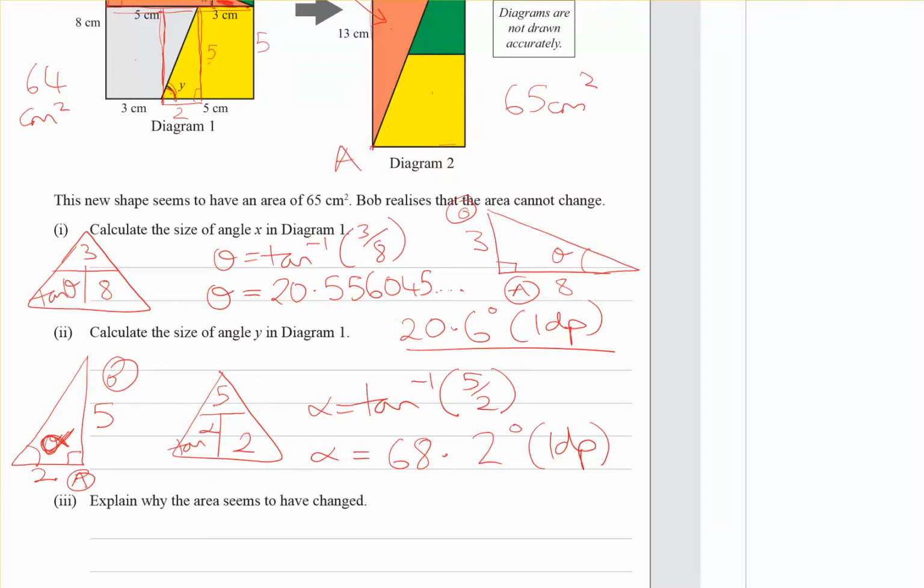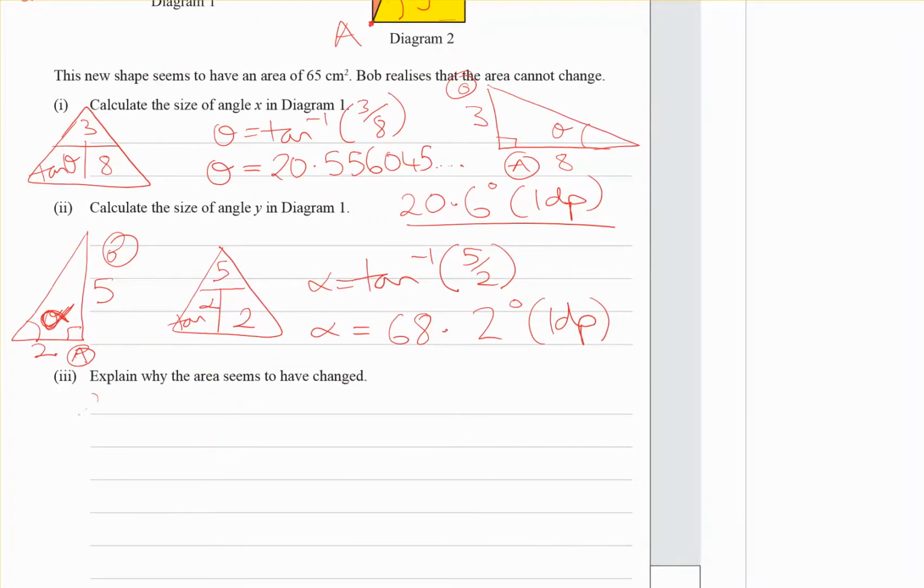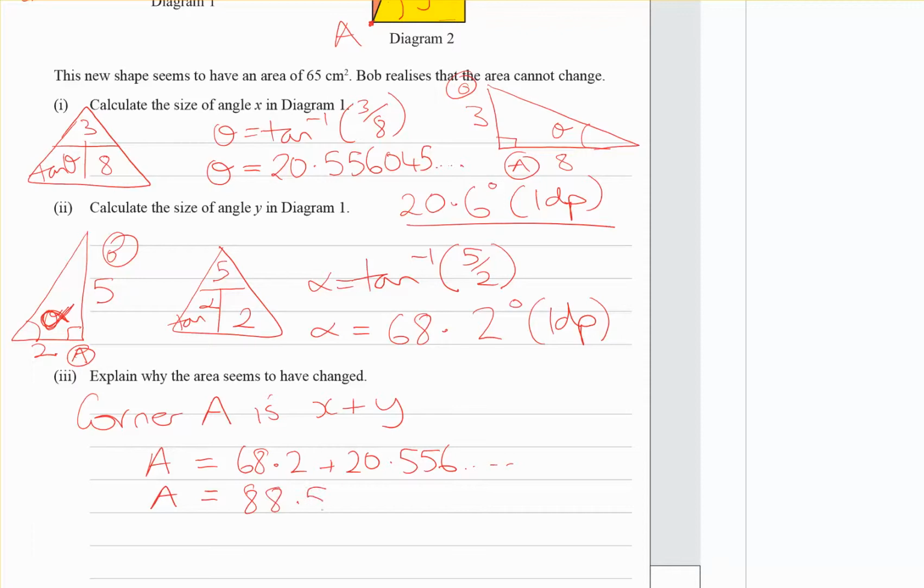We'll call it corner A. We've got Y and we've got X. So corner or vertex A is X plus Y. A equals, remembering there is rounding going on in here, which gives me a value of 88. So even with rounding, it's clearly not quite 90.